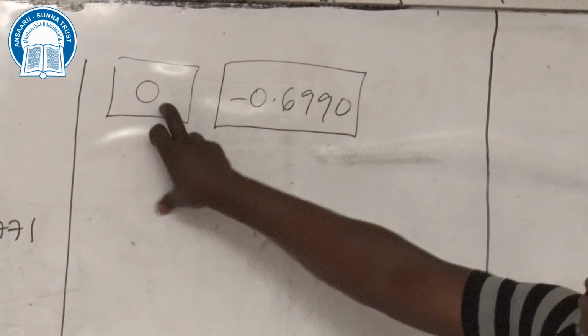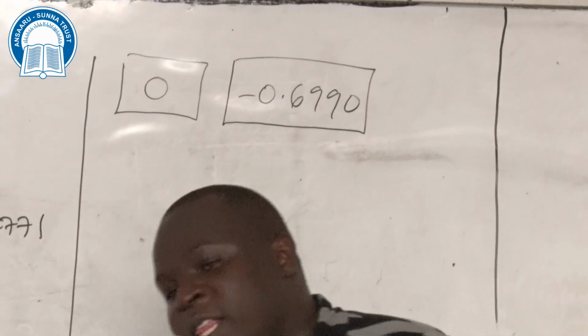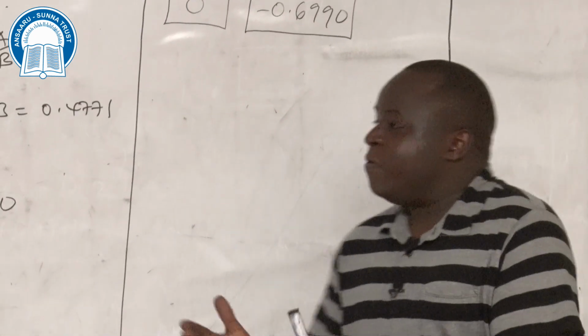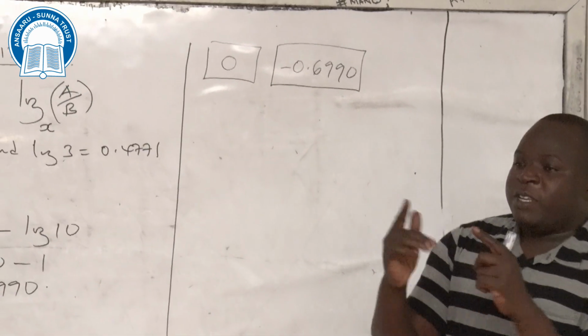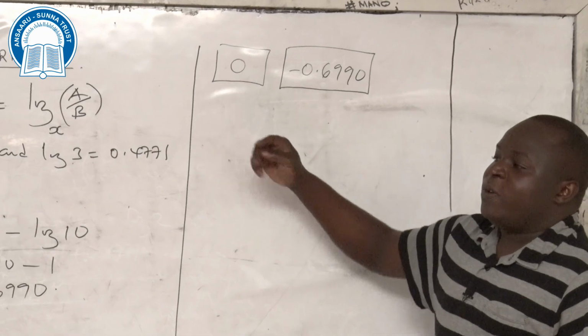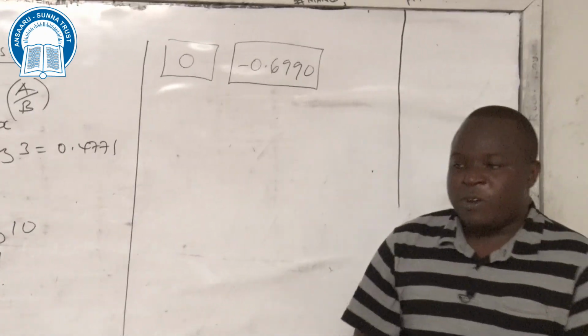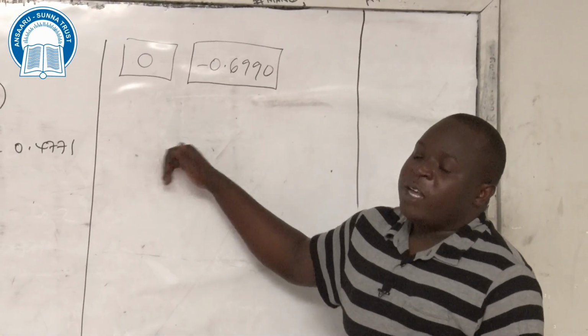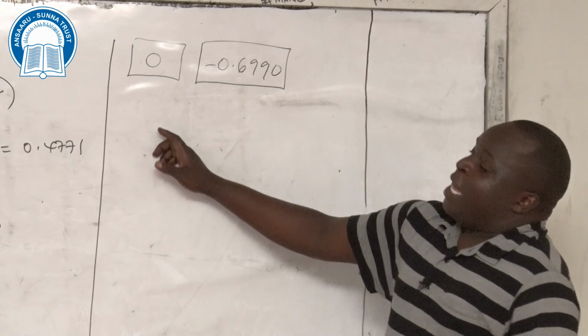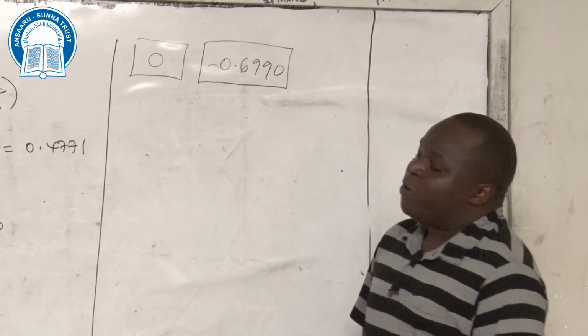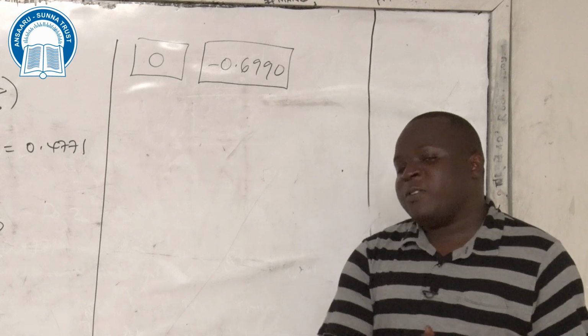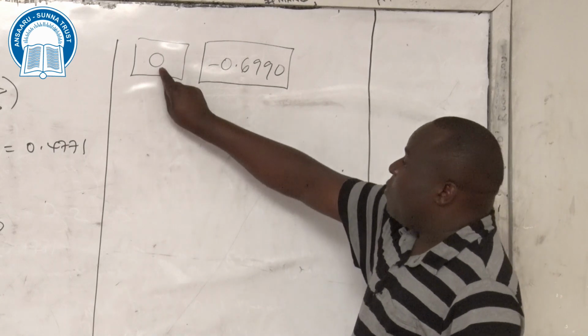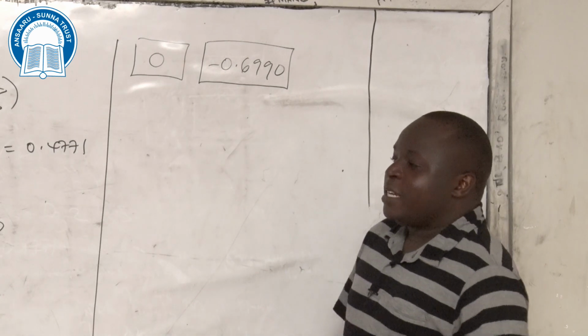You borrow 1 from the characteristic. And by the way, anytime you borrow from a number, you get the previous one. If you borrow 1, you get the previous digit. For example, if I borrow 1 from 3, I'll remain with 2. If I borrow from 0, there is a number before 0, which is negative 1. So if I borrow 1 from 0, I get negative 1.